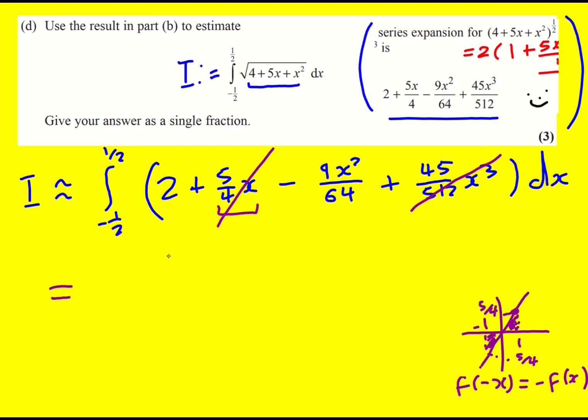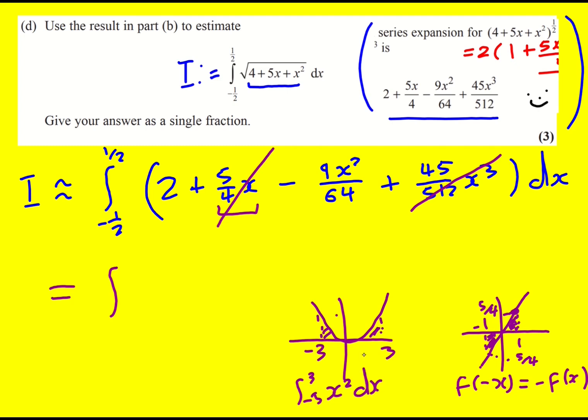And you can take it even a step further, because for even functions, let's say I just take the x squared part of it. I know it's a minus x squared, but if I just go with x squared for the moment, if I was integrating between, say, 3 and minus 3 of x squared, then in fact these two areas are the same, and I can just integrate from 0 to 3 and then double it.